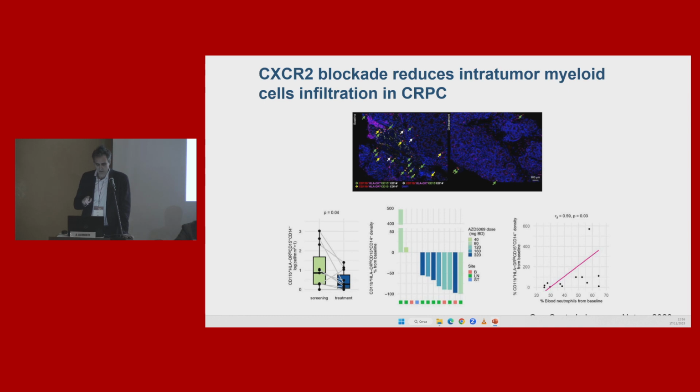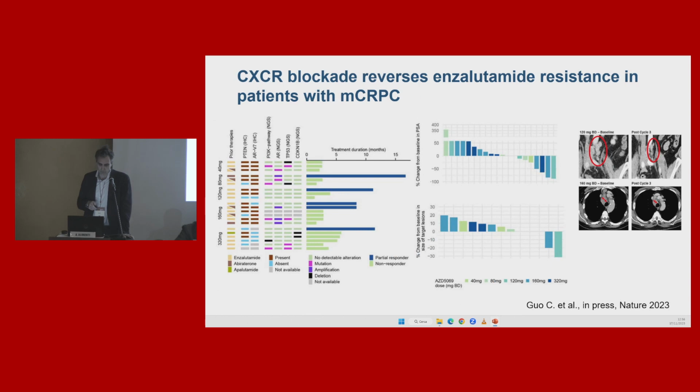Very importantly, by a proof of concept study, we show that this drug works by decreasing the number of circulating neutrophils in the blood, but also in the tumor biopsy of patients affected by metastatic castration-resistant prostate cancer, as shown here. So there is a correlation between the effectiveness of the drug and the reduction of neutrophils that infiltrate the prostate tumor biopsy.